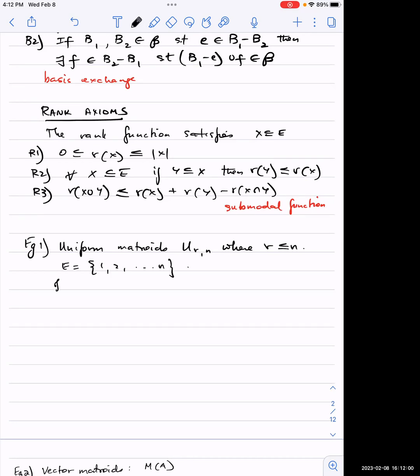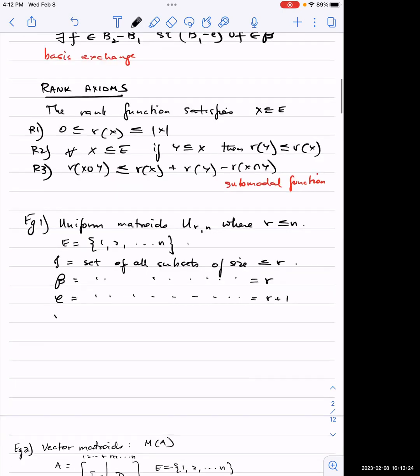And then the independent sets are the set of all subsets of size less than or equal to R. The bases would be the set of all subsets of size equal to R. And the circuits would be the set of all subsets of size equal to R plus 1.